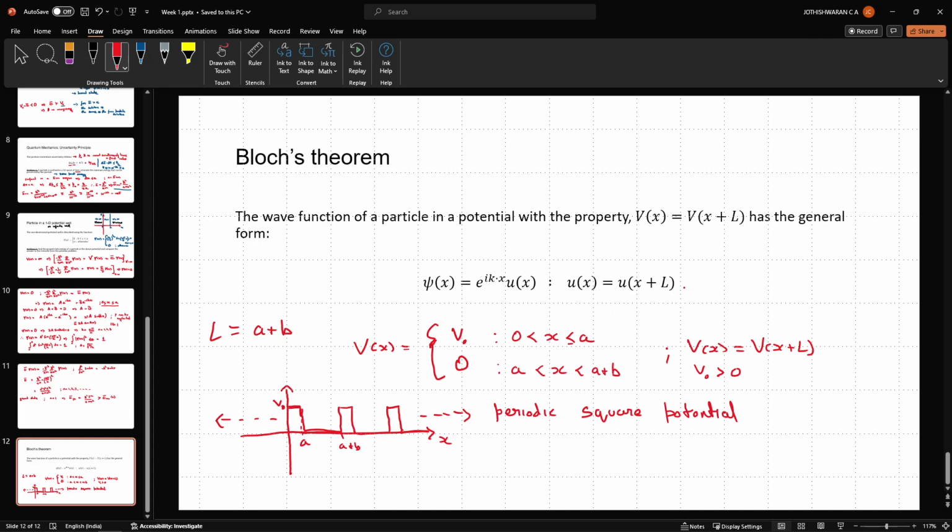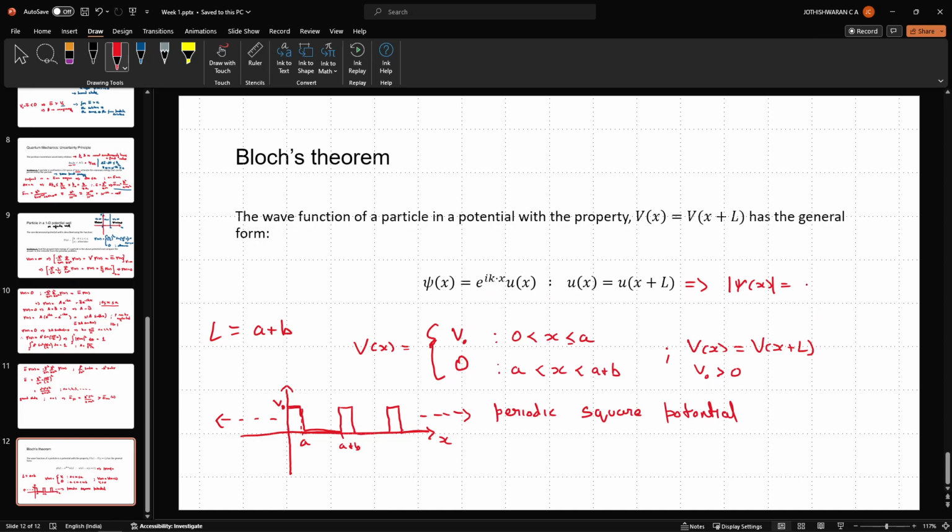So right away, what one can say is this implies the magnitude mod psi of x is equal to mod u of x, since e to the power ikx, as long as k is real and x is real, for any value of k and x is unimodular.